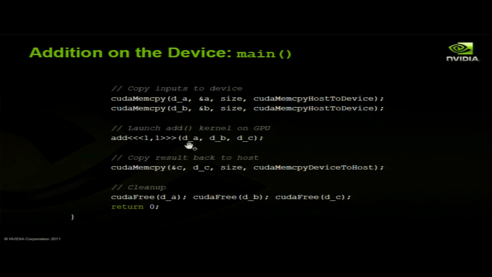Then you are launching it, and after my parallel execution has happened, what do you do? Copy back the data from device to host. Here it is reversed: it is now device to host, not host to device. You are copying in reverse, so this is your source and this is your destination.